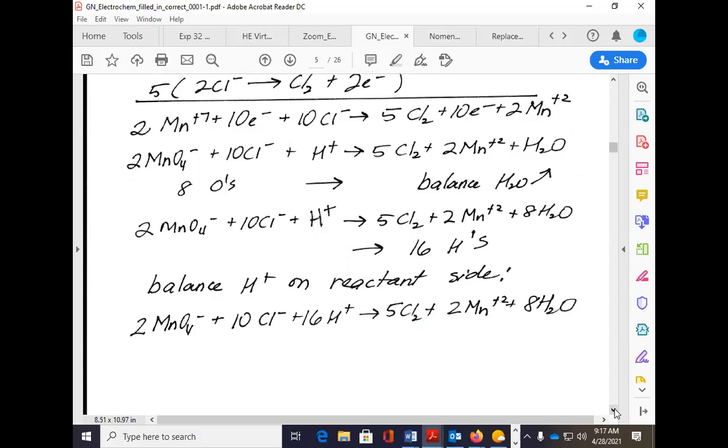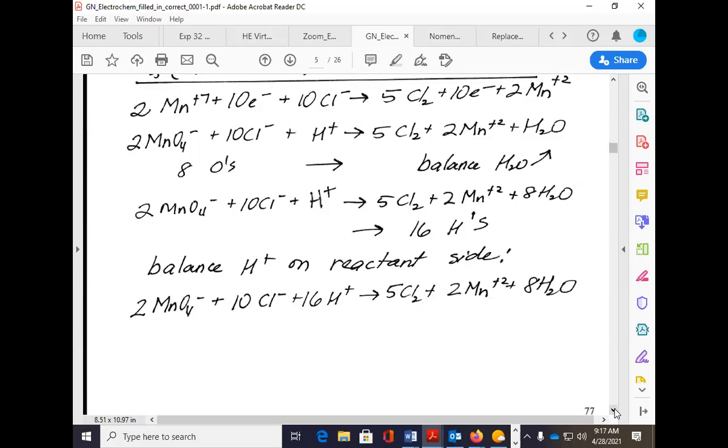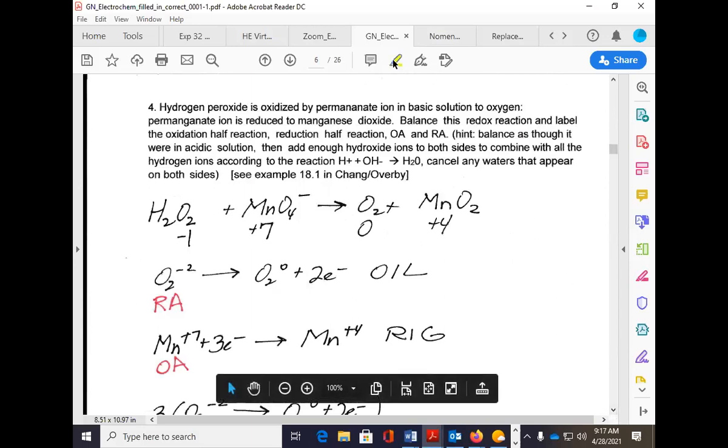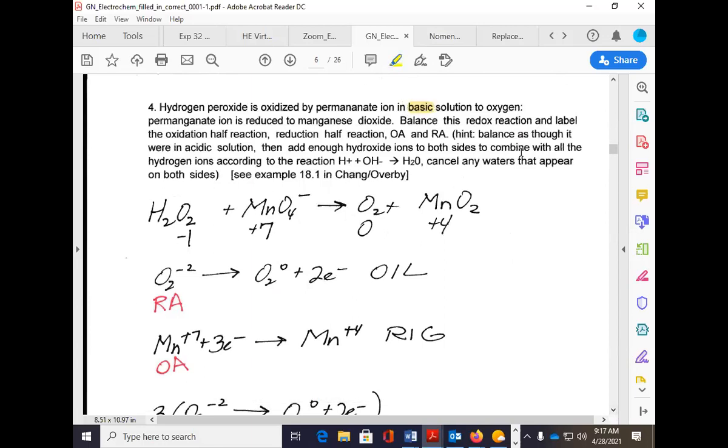Okay, so that was an acidic. Okay, so this one is in basic solution. And I tried to give you a hint, but sometimes the hint is confusing to people, so let's just go through it.